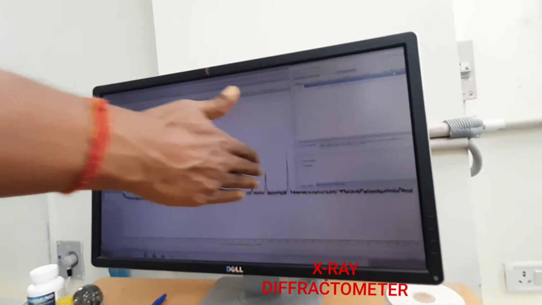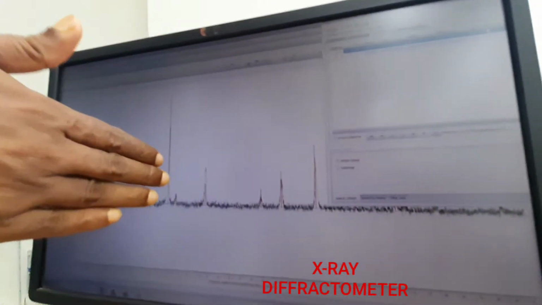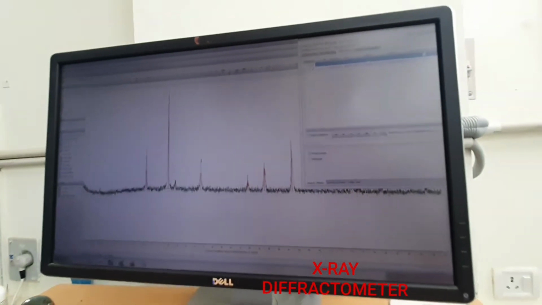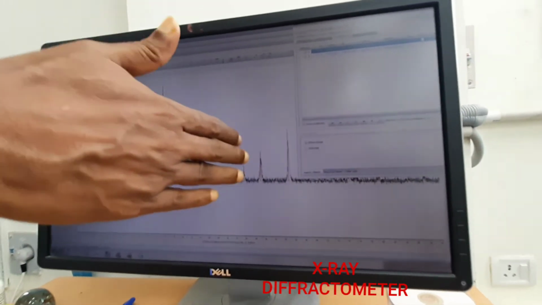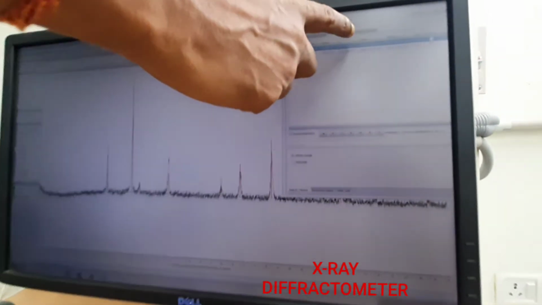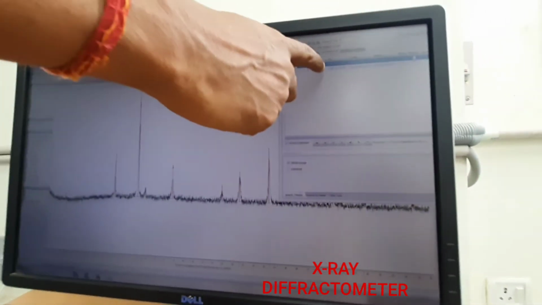This diffraction pattern is on the basis of Bragg's law, 2d sin theta equal to n lambda. On the basis of this X-ray diffraction pattern, the crystal structure can be determined, and these are the references.